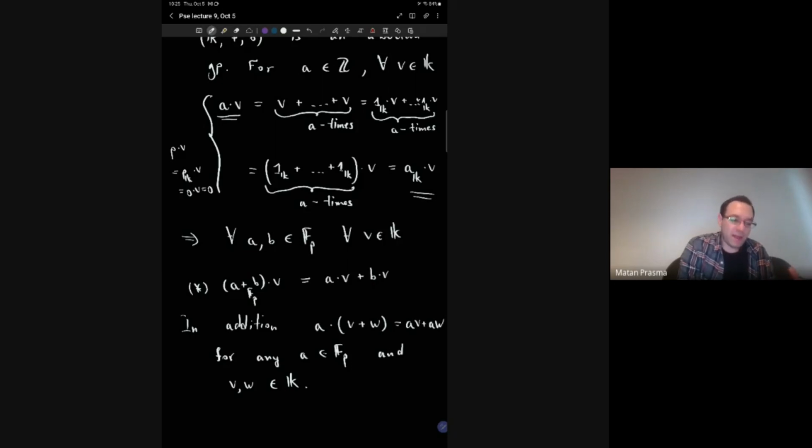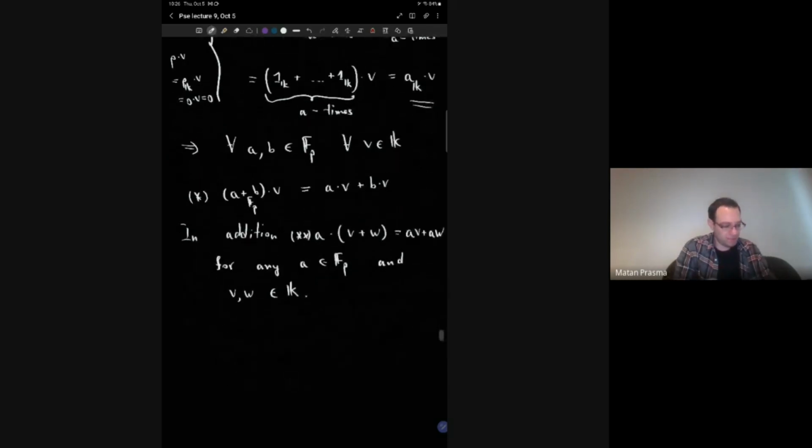And what I claim is that this kind of structure, let me put two stars here. Essentially these two conditions, star and double star, are useful to abstract in order to understand the structure of fields of characteristic p. This should motivate the following definition.